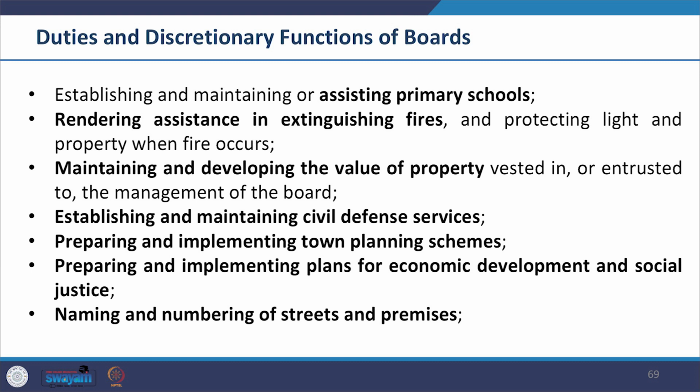Further, we see that they are responsible for maintaining and developing the value of the property. They are responsible for establishing and maintaining civil defense services, preparing and implementing town planning schemes, preparing and implementing plans for economic development and social justice. So we have seen the different range of such plans. They are also responsible for naming and numbering of streets and premises.